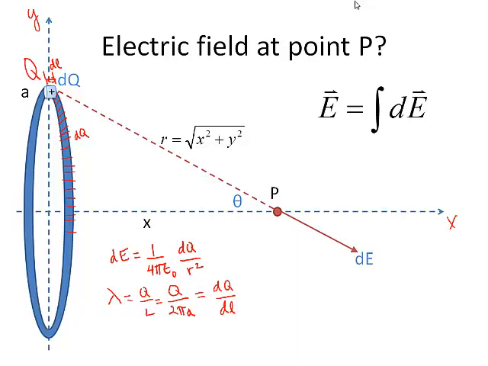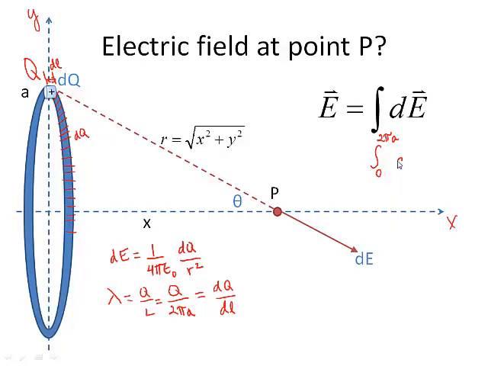Now going back to the lambda part, the reason that we want to put it in terms of lambda is that it's difficult to integrate dE without having some limits of integration. A good choice of limit of integration would be, okay, we want to integrate everything around this ring. One way of doing that is doing an integral from 0 to 2 pi a. So we're going all the way around the circumference.